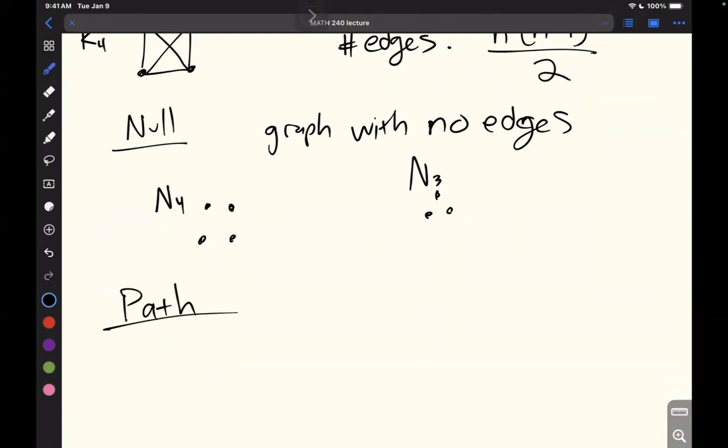A path graph, which we denote P sub n, a path graph on n vertices, is like a path you take: I'm going to take the path from here to the statue. I'm going to walk in a straight line through Galileo, exit the door, end up at the statue. That's the idea of a path. It looks something like this. It's just a line of vertices.